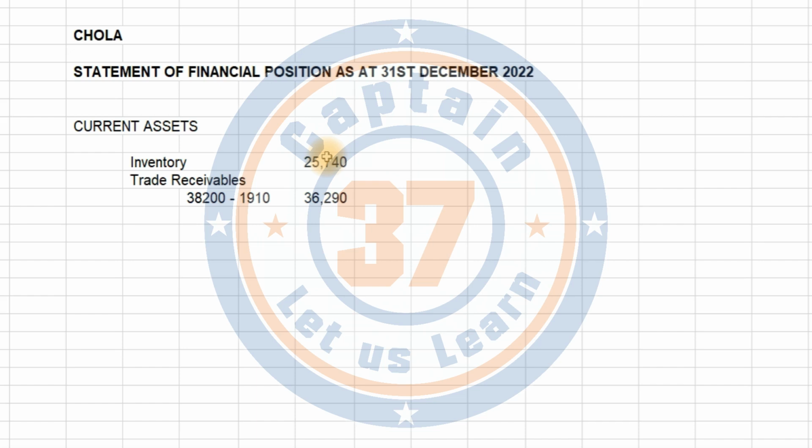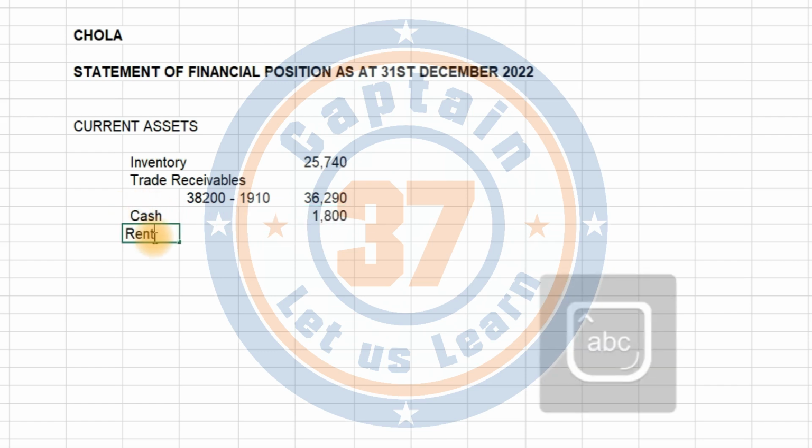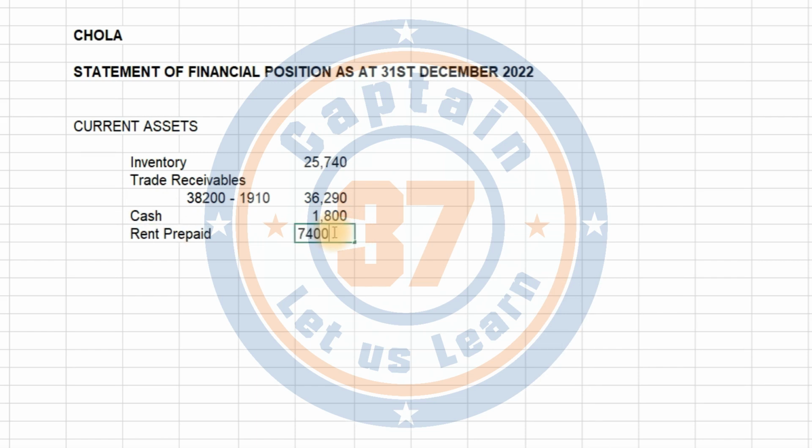So after trade receivables, what other current assets are listed in the trial balance? There is cash. And for cash, the amount is how much? 1,800. What else? There is rent prepaid. And how much is rent prepaid? Rent prepaid is 7,400.